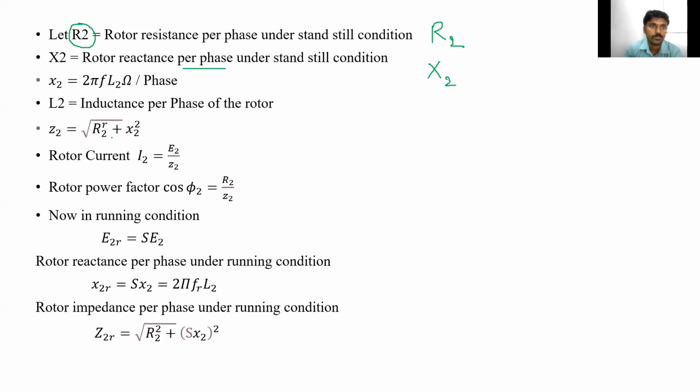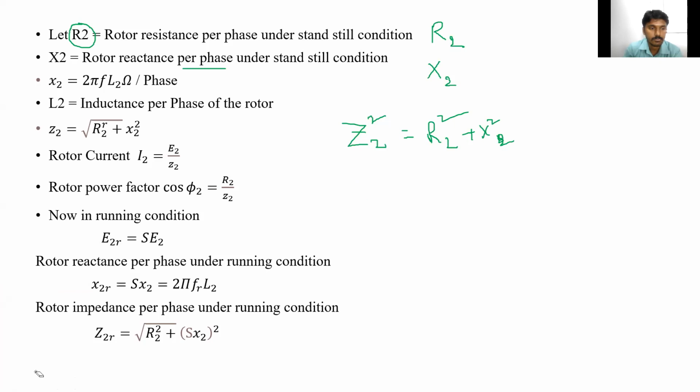Z2 square is equal to resistance square plus reactance square, that is R2 square plus X2 square. So Z2 is equal to the square root of R2 square plus X2 square.